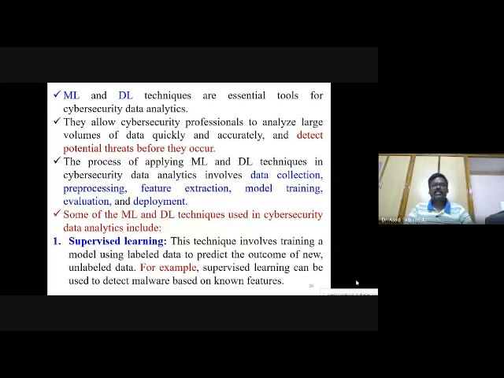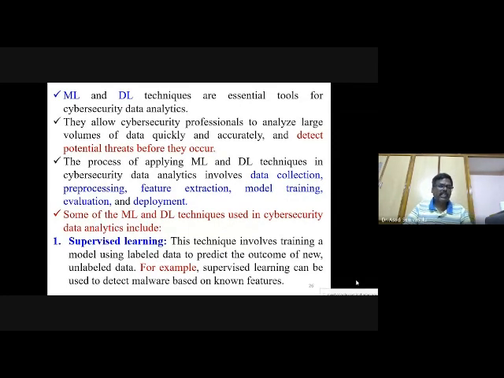That's why machine learning and deep learning techniques are essential tools for cyber security data analytics. Professionals analyze large volumes of data quickly and accurately, detecting potential attacks and threats before they occur.